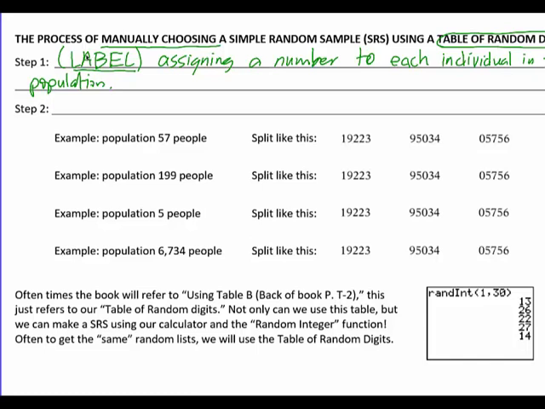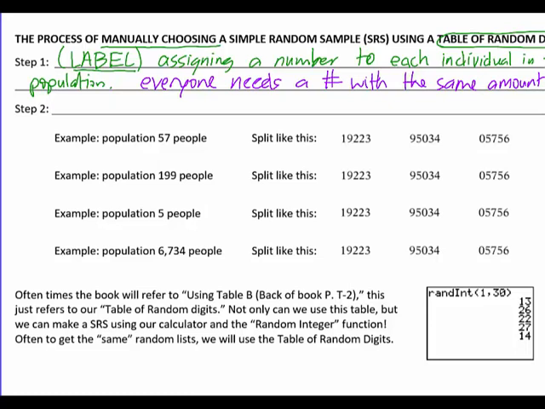Now typically, and this is the important part, you want everyone to have the same number of digits for their number. Same number of digits. Okay, and when I say this, typically I mean you will have like 2 digits per number, or everyone has a 3-digit number, and we'll see here in some of the examples how that works.